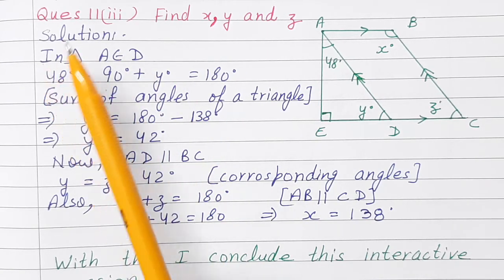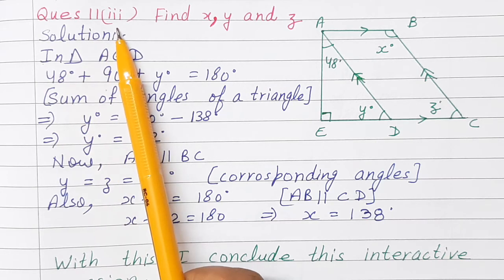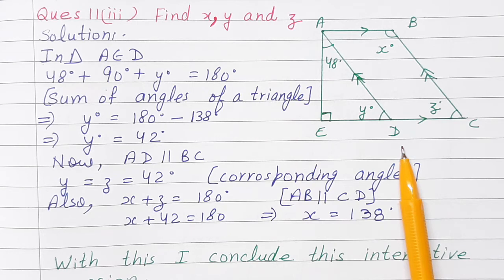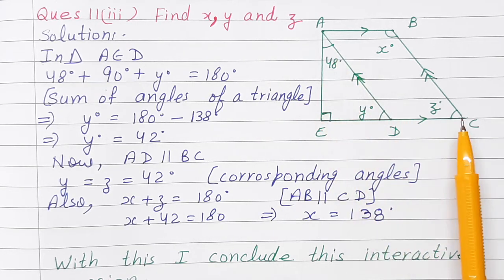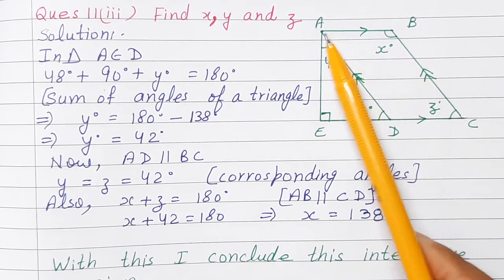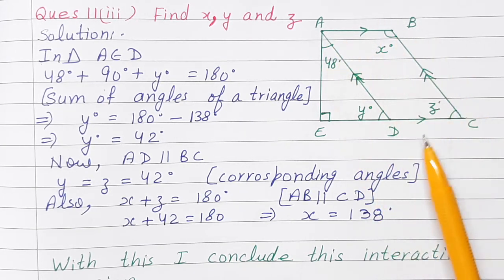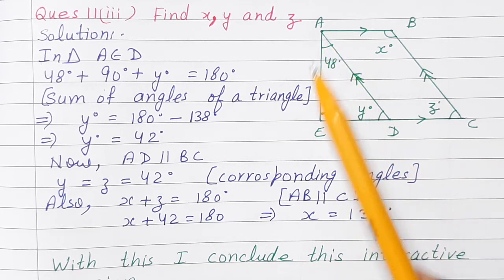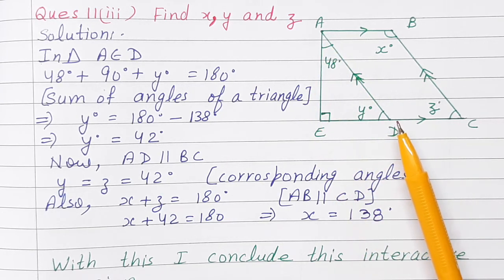Now children, question number 11, third part, find the value of x, y and z, right? Now in this question, ABCD is a parallelogram and AED is a right angle triangle, right?